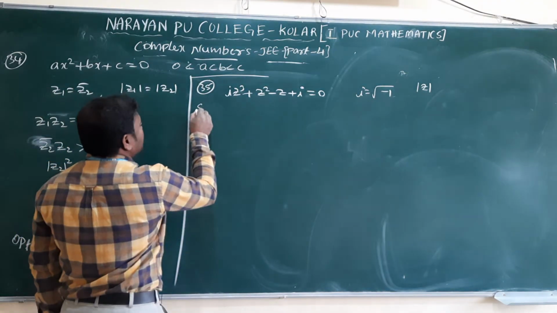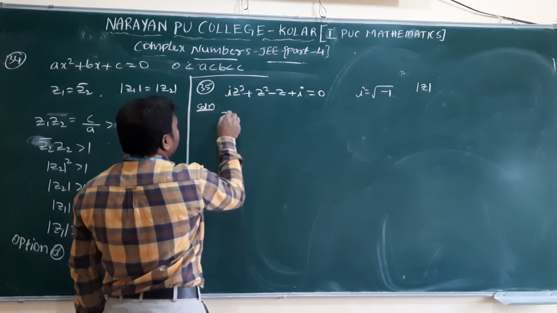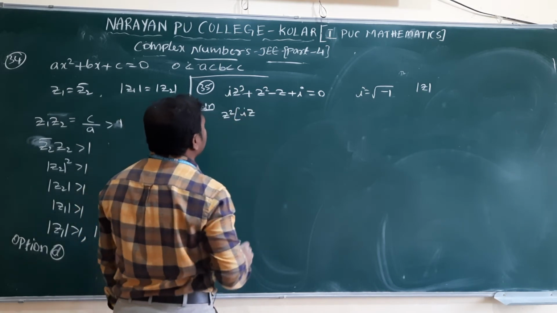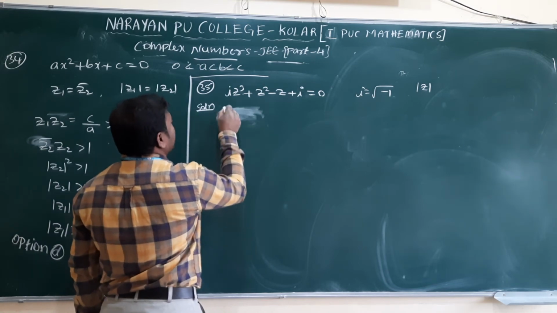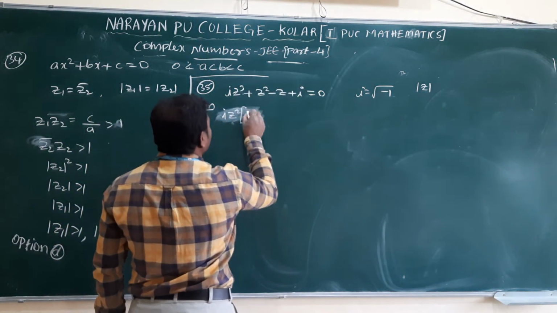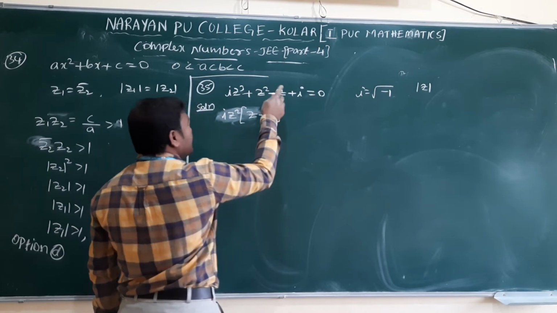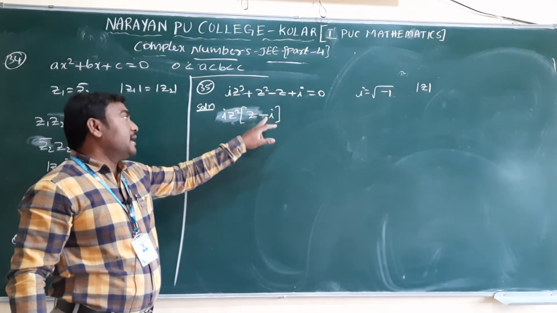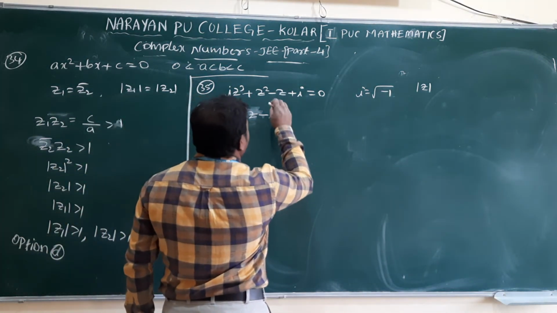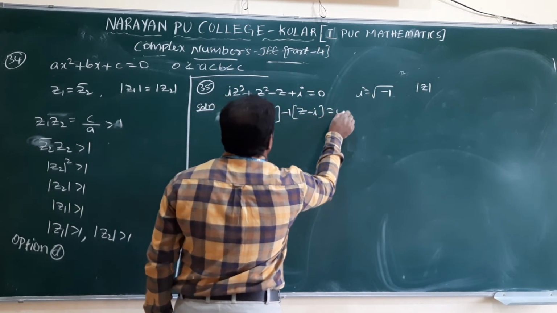Here we have to take common iz square. Taking common iz square, we get z minus i, because z square by i z square gets cancelled, and remaining 1 by i gives minus i. Here we take common minus 1, remaining z minus i is equal to 0.